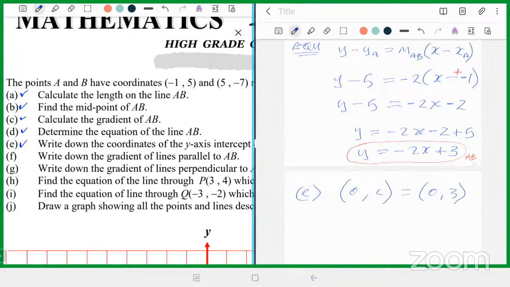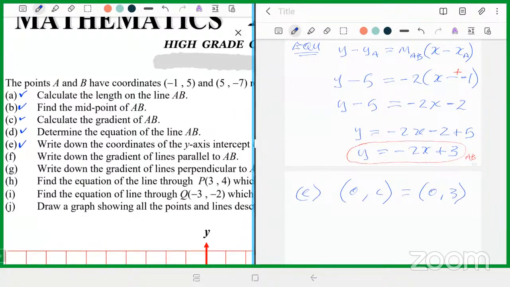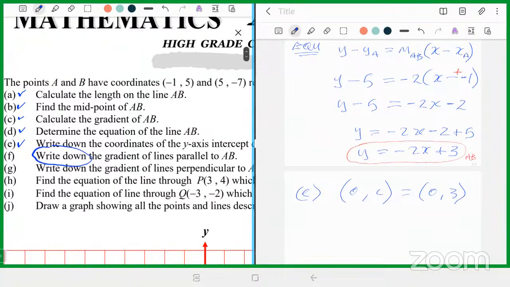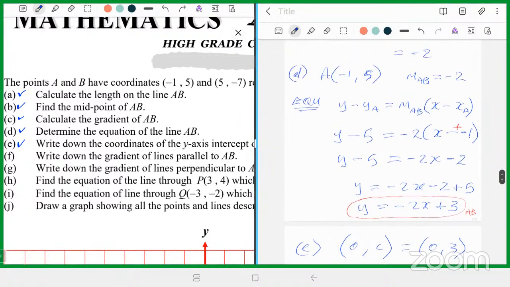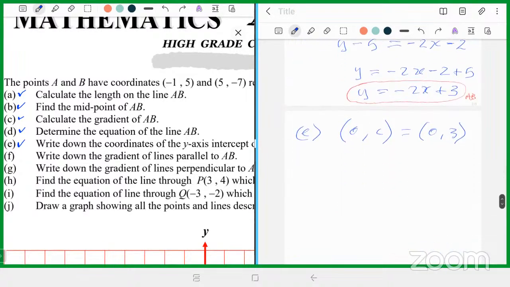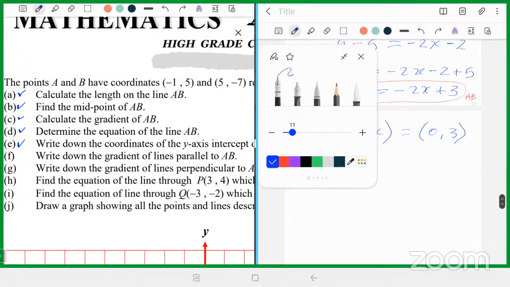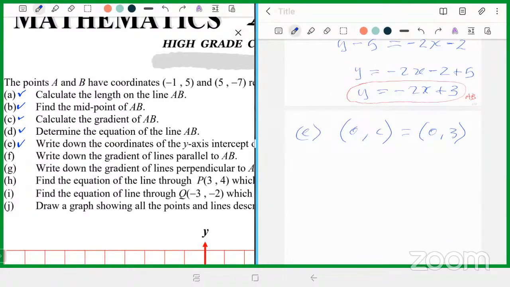All right, so finish that part. Next part, part F, wants us to again write down, no calculation needed. Write down the gradient of lines that are parallel to AB. Remember, the gradient of AB is -2, you know. Lines that are parallel to AB will have the same gradient as AB. Parallel lines have the same gradient.